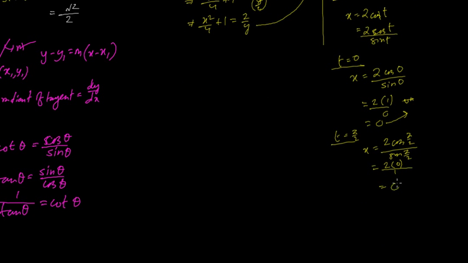So 0 divided by 1 is 0. That means we can have a range of value of x which is greater than or equal to 0. Of course it's not very obvious what it is going to be. It's more helpful if you have an idea of the sketch of cot theta, but it's a quick way of finding the domain here.